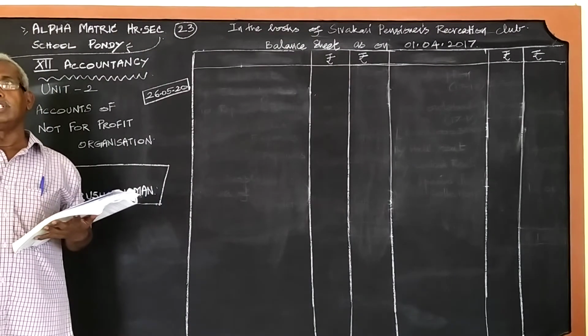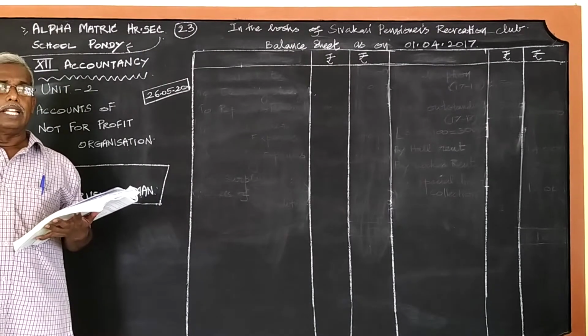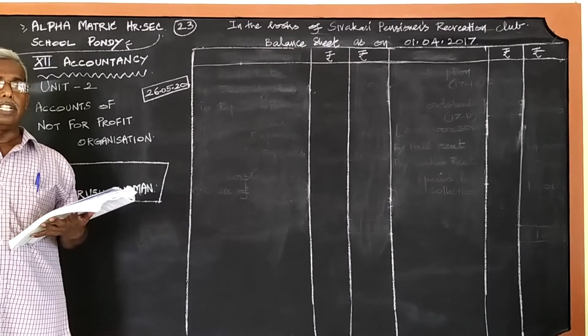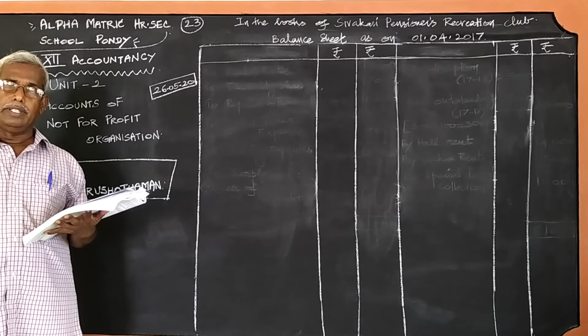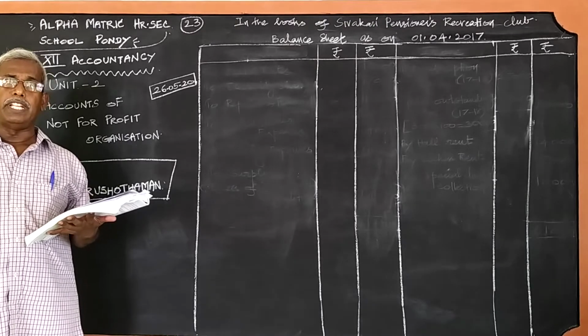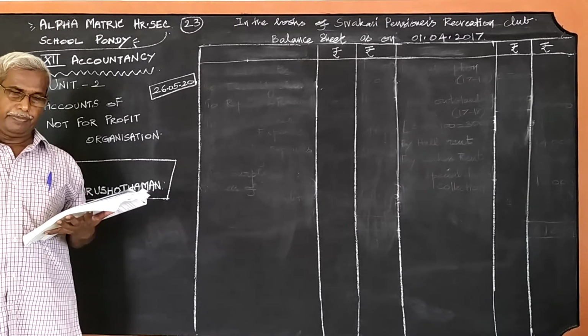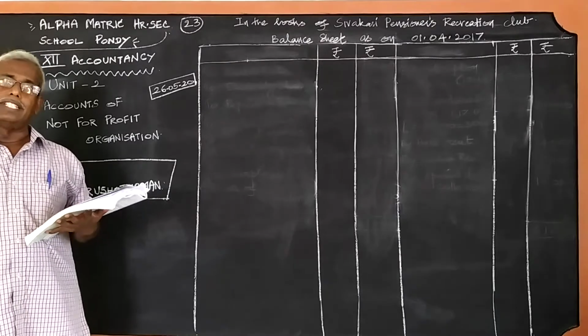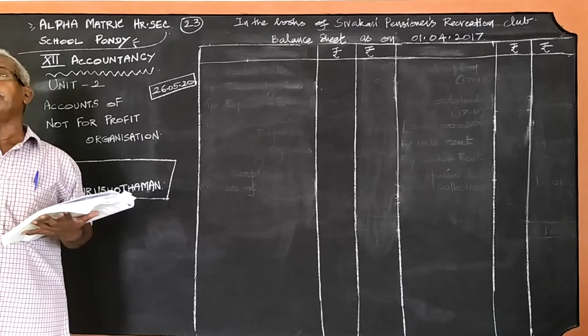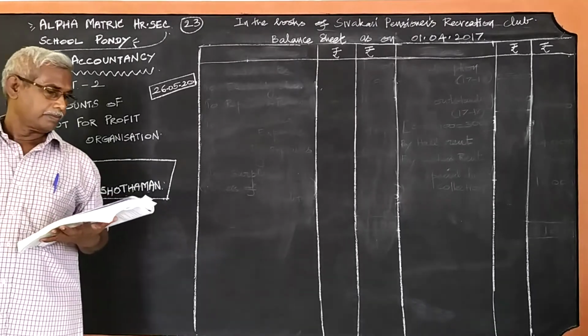Yes, we shall pass on to the other part, that is the preparation of balance sheets. For the preparation of balance sheets, what is the very important item required? The opening capital is required.